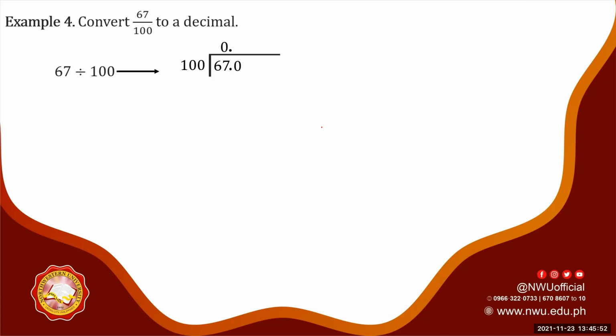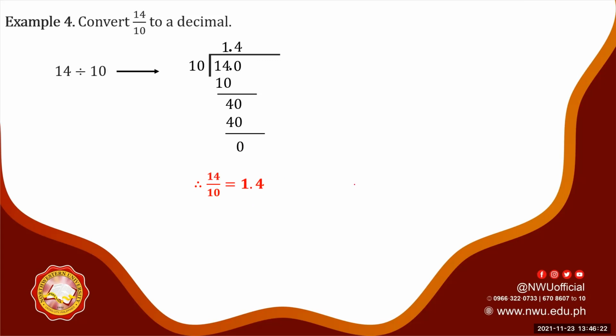So 670 divided by 100, that's 6, and that would give you 600. If you subtract, you will get 70. And if you continue, that would give you 0.67. Therefore, the equivalent decimal number for 67 over 100 is 0.67. Okay?